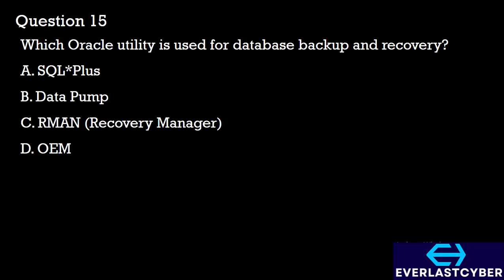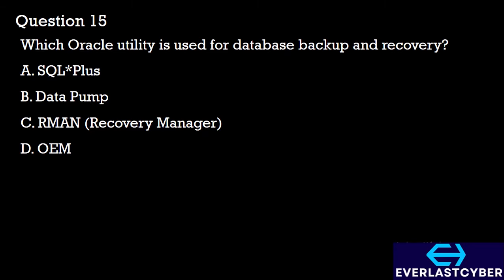RMAN, or Recovery Manager, is the Oracle utility used for database backup and recovery. It is a powerful tool that helps you create backups of the database, restore and recover data, and perform point-in-time recovery. It automates backup processes and integrates with Oracle's flashback technology to ensure data consistency and effective recovery.